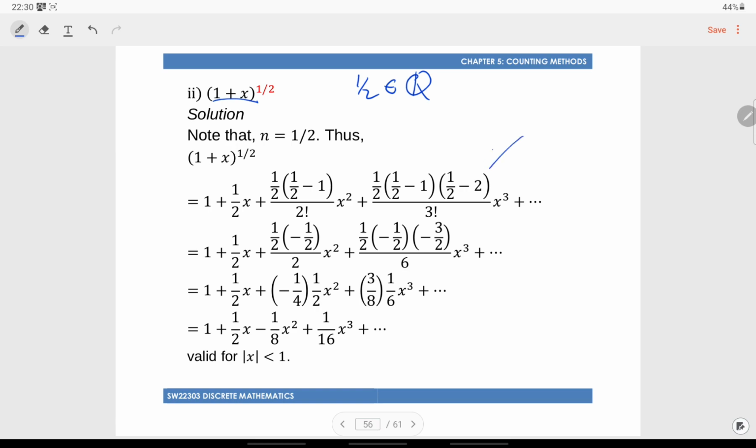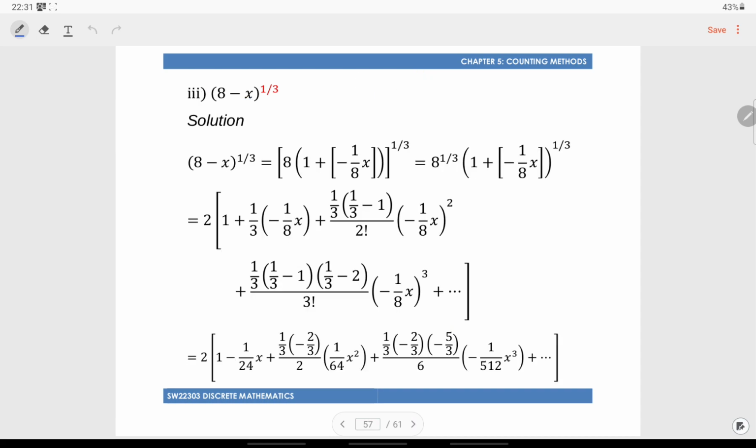Just insert it into the formula, simplify all the fractions and expressions, and finally come out with the simplest form. Don't forget the triple dot and the statement valid for the modulus of x less than 1 to complete the answer.